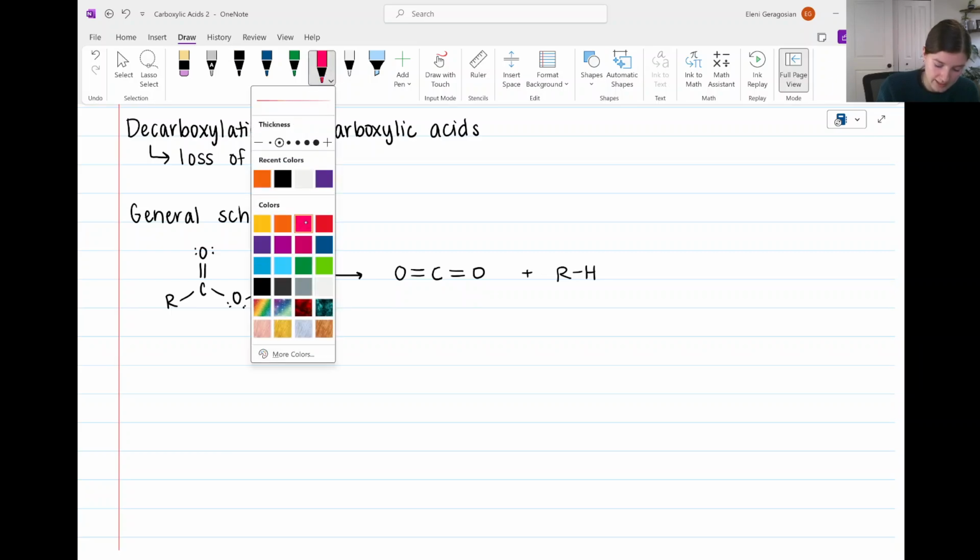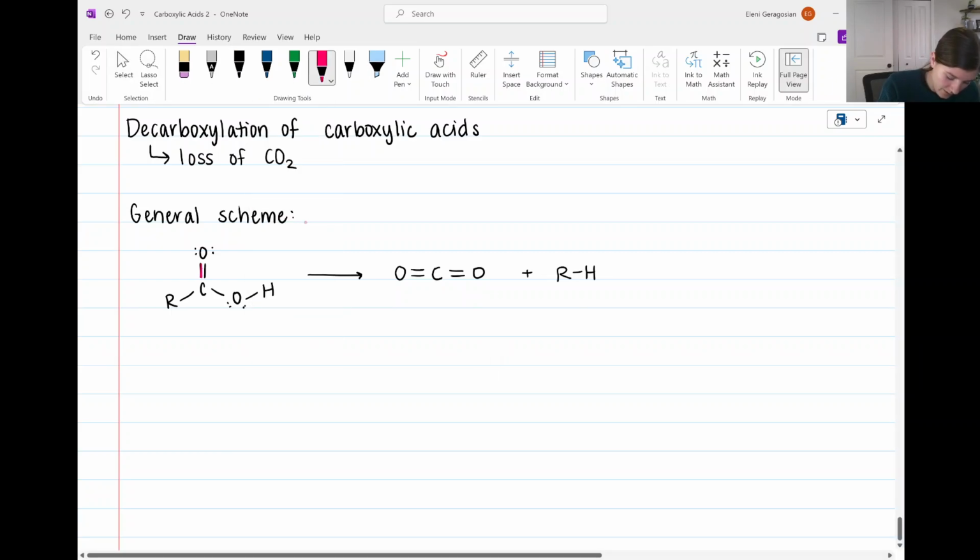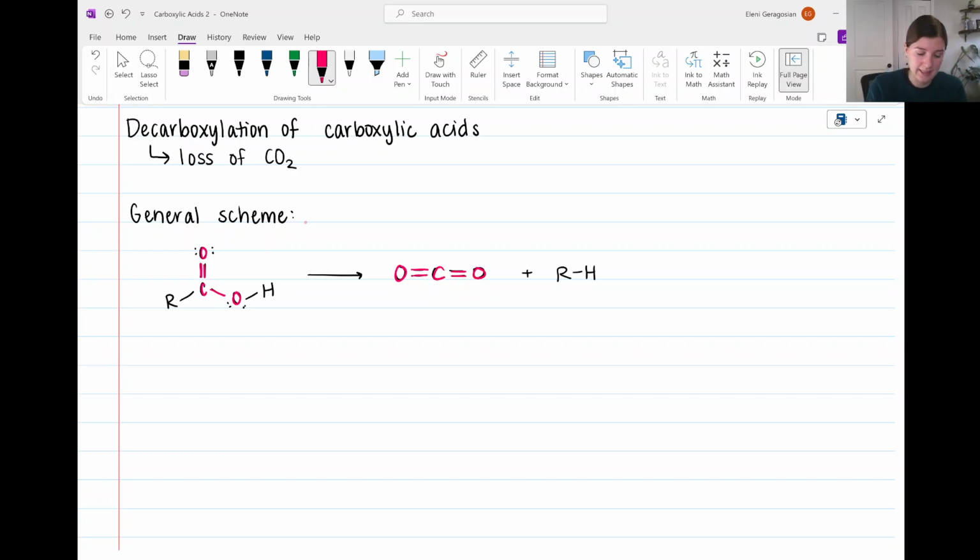So let's trace these atoms. We have the carbonyl carbon and the two oxygens that it's bonded to. Those are now existing as carbon dioxide. And then this hydrogen and the rest of the R group are bonded in this group here.